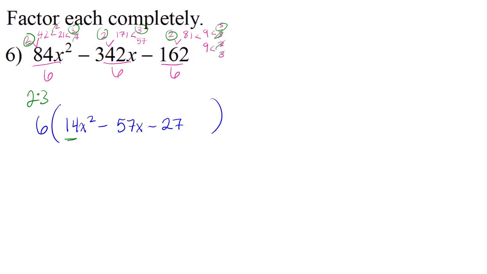So now I'm going to multiply a times c, because I have a complex trinomial. So 14 times 27, get my calculator out, is 378. Okay, so I need to find numbers I can multiply to get 378 that I can subtract to get 57.